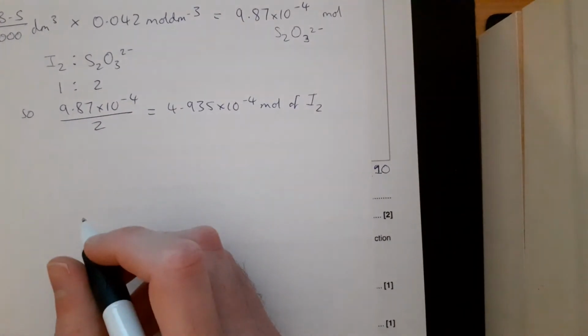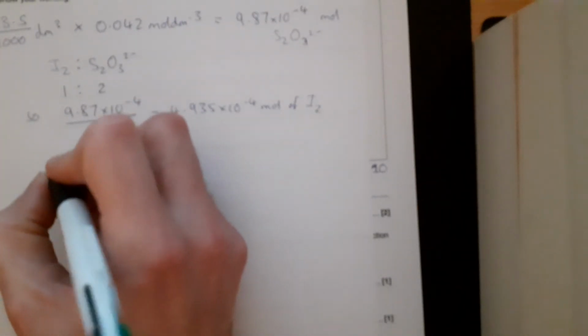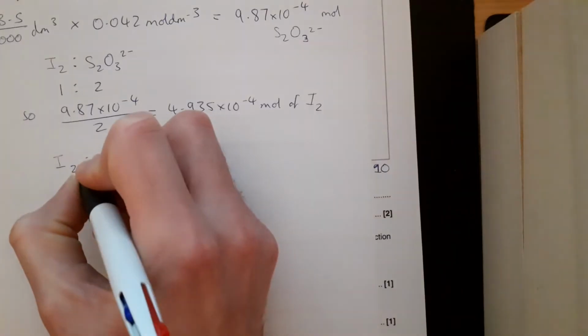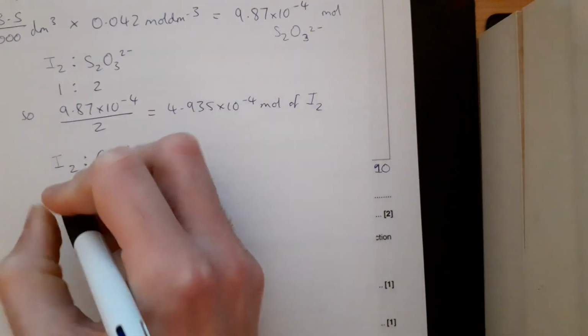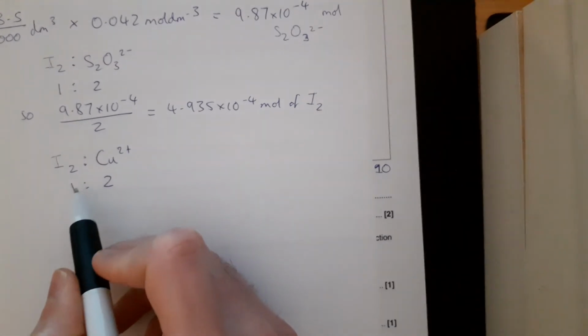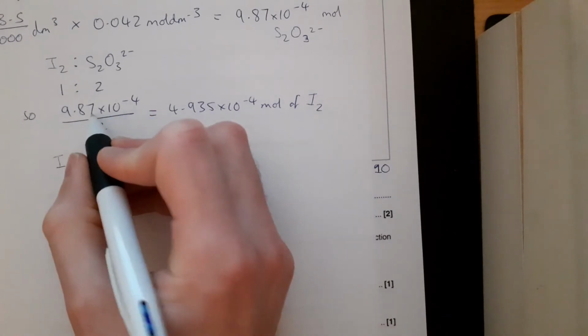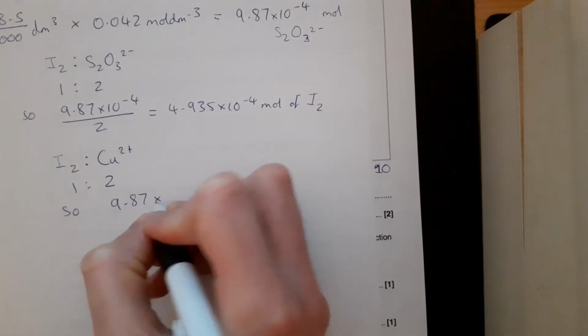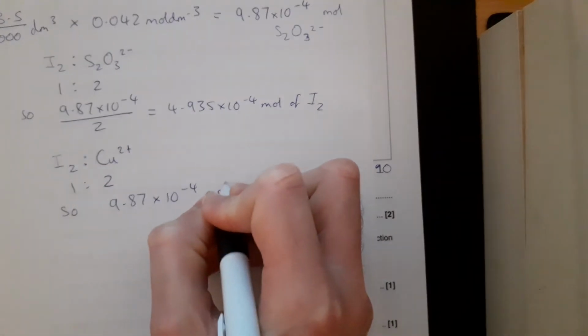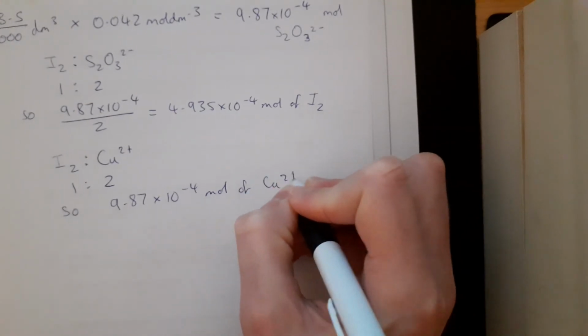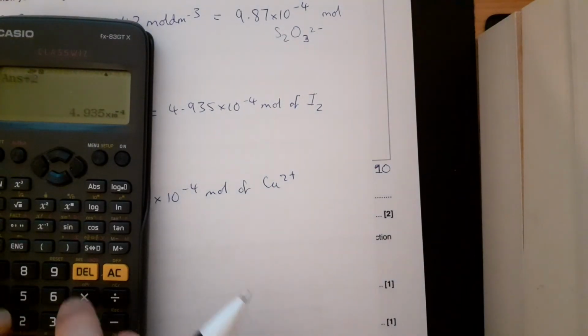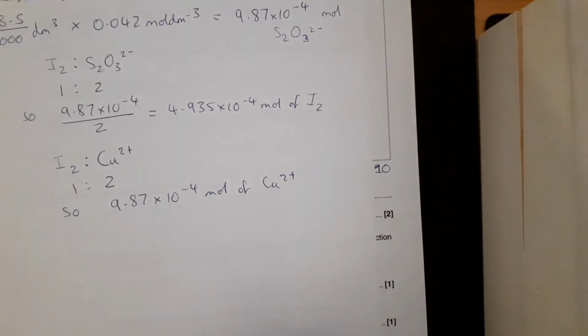Hopefully you watched the previous video, otherwise me keep saying that's not going to mean anything to you. But the iodine to the copper 2 plus ratio was 1 to 2 again. So this is the iodine, so we need to times it by 2. So we're back to this number again, of the copper 2 plus.